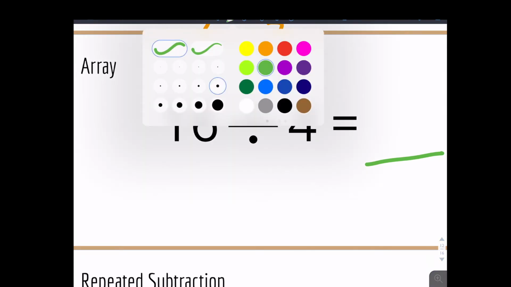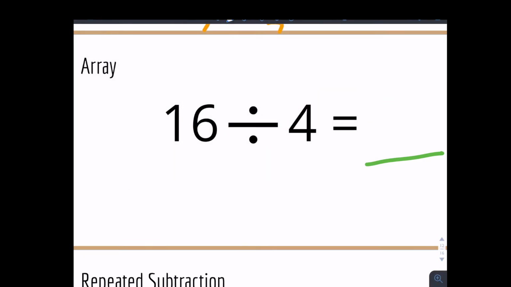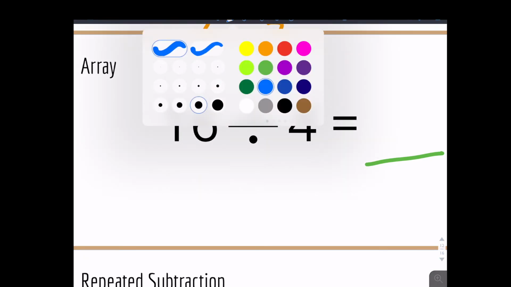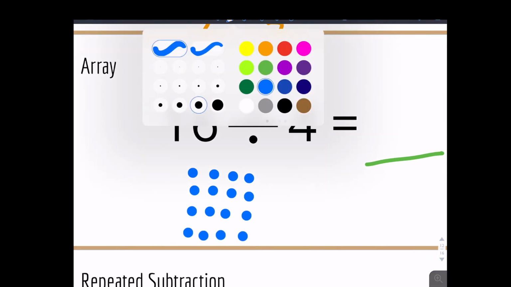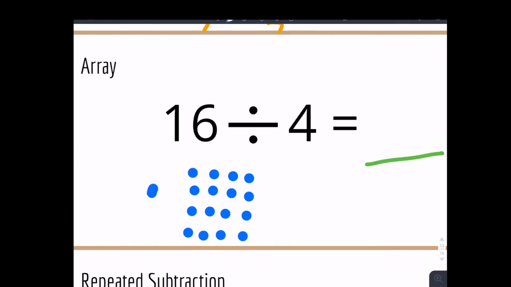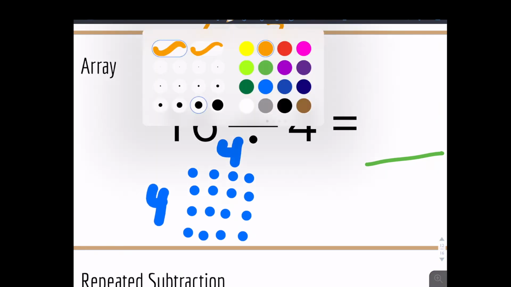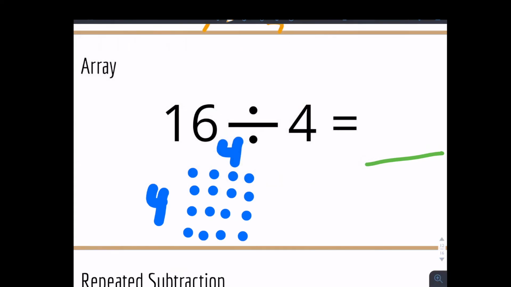It doesn't really change anything, especially in this problem. So I'm just going to do rows of 4, and so 1, 2, 3, 4, 1, 2, 3, 4, 1, 2, 3, 4, 1, 2, 3, 4, and that gets me to my 16. And so you would see that there are 4 on this side and 4 on that side. Our answer was actually just 4. That's it.